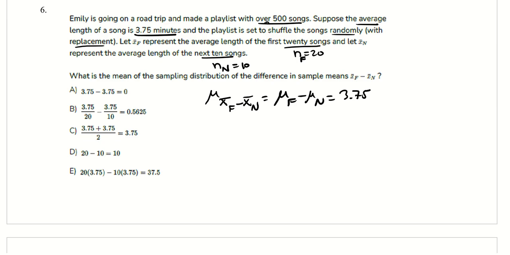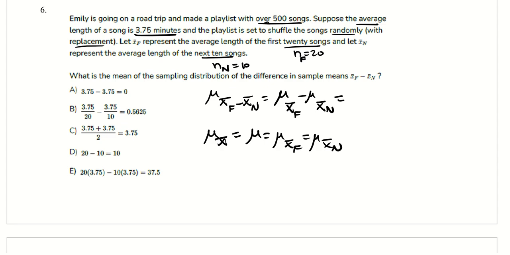Oh, so another thing too is that I can also rewrite this as this. So let me rewrite this as mu x bar F minus mu x bar N, right? Which is the same thing as mu F minus mu N, right? But we know that mu x bar is equal to mu, regardless of whether it's mu x bar F or mu x bar N. And that's because it doesn't matter. It's either the first 20 songs or the next 10 songs.